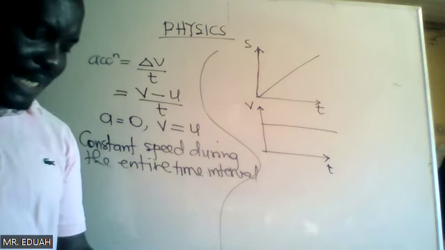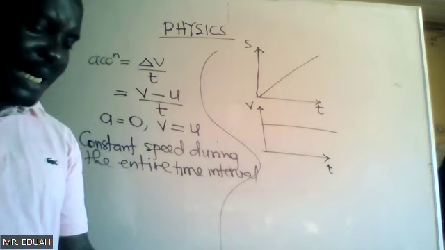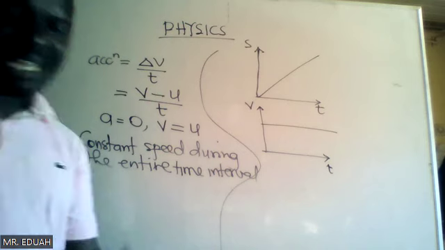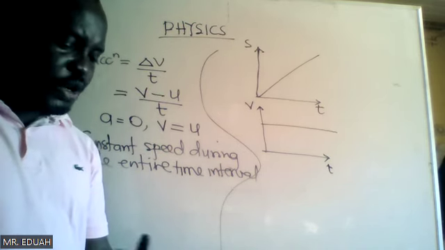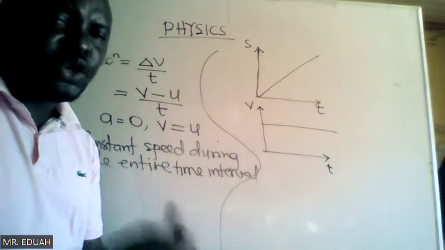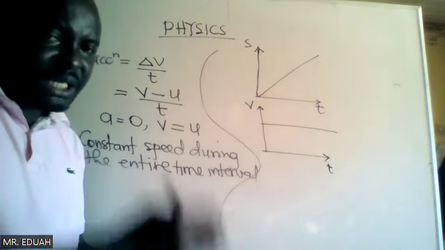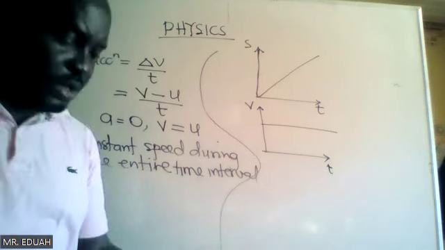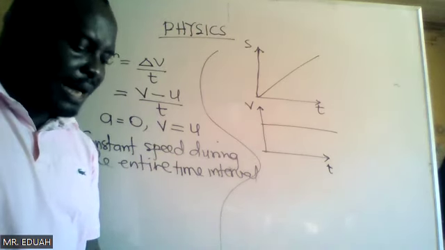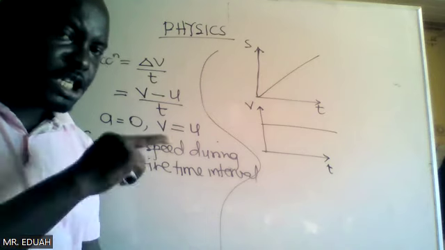The second answer indicates that the body's distance covered increases with time, but non-uniformly, not in equal intervals, so here we can only find the instantaneous speed.